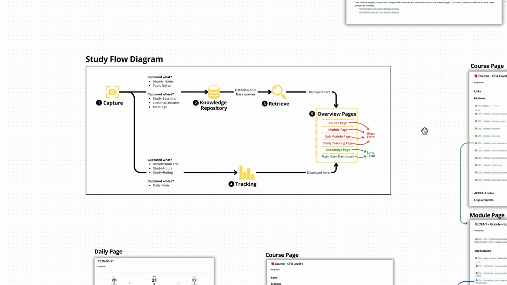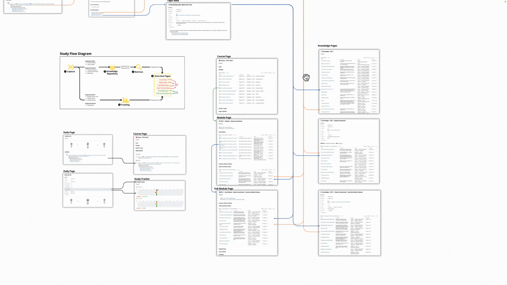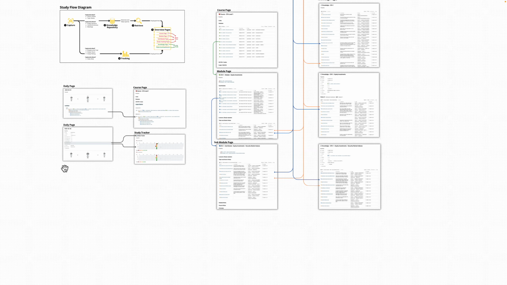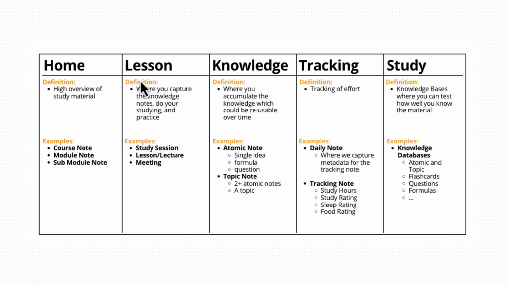Now this process, you can see, has a lot of different notes. We have daily pages, study pages, atomic and topic notes. We have our knowledge pages and our course pages. And at the bottom, we just explained a couple of these notes. Our home notes, lessons, knowledge, tracking, studying. Home notes just provides an overview. Lessons is where the actual knowledge capture and studying happens.